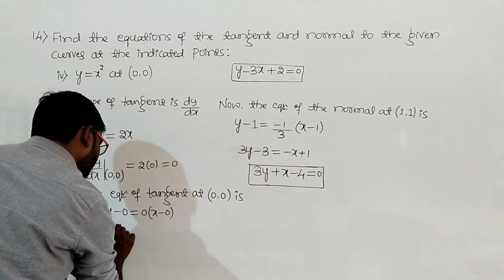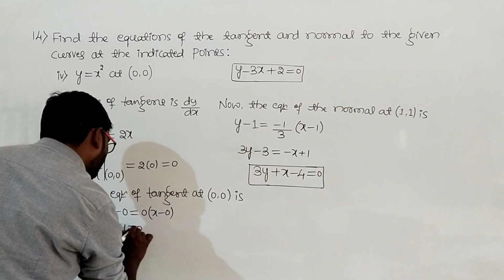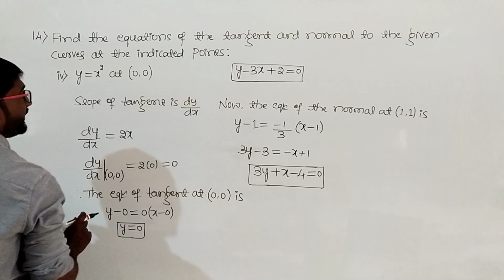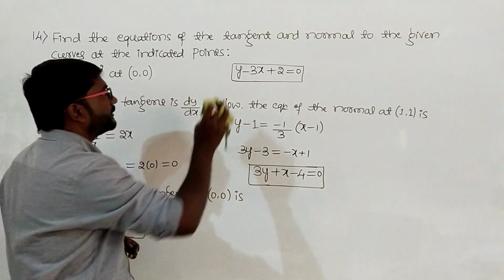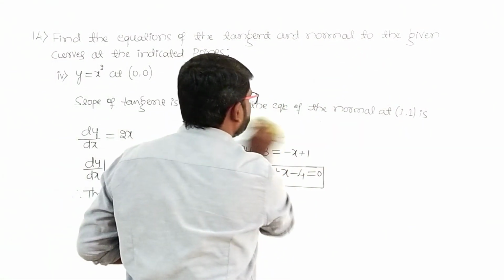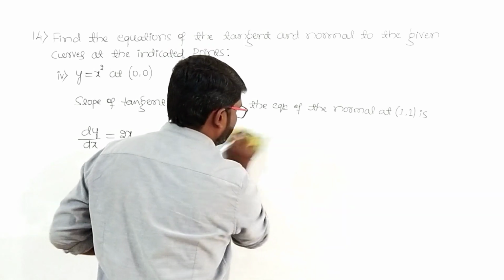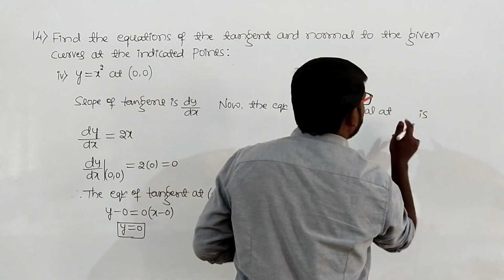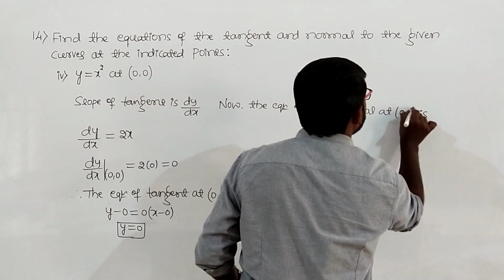So overall the equation of the tangent is going to be y equals 0. Then next we will have to find the equation of the normal at 0 comma 0.